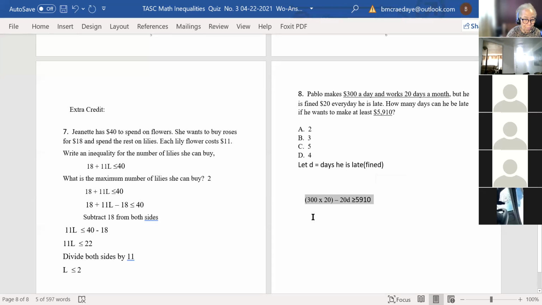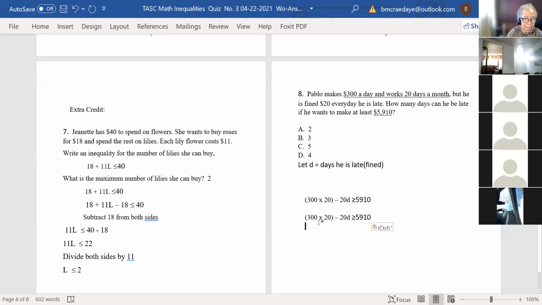You're going to multiply, right? Yes, I'm going to multiply. That's in parentheses. So what's 300 times 20? Alba, what's 300 times 20? That's what I'm trying to figure out. All you have to do is put 3 zeros and multiply 2 times 3.